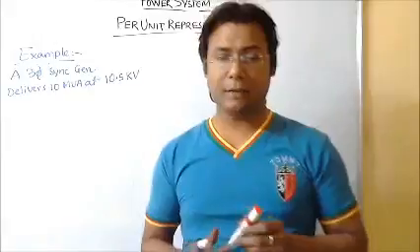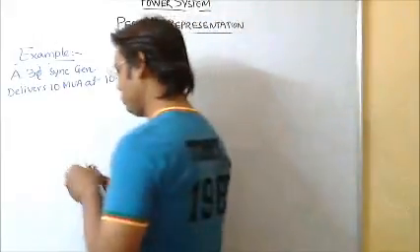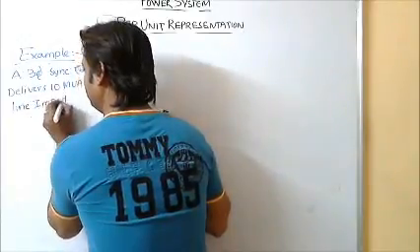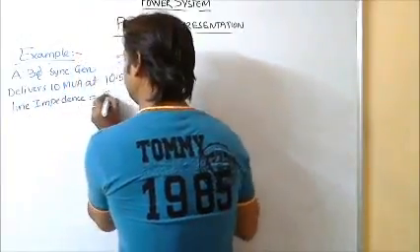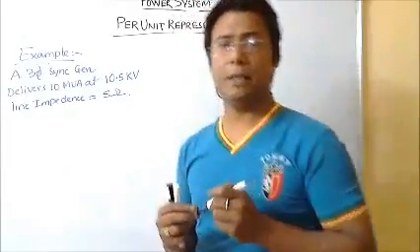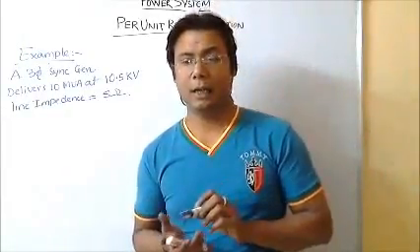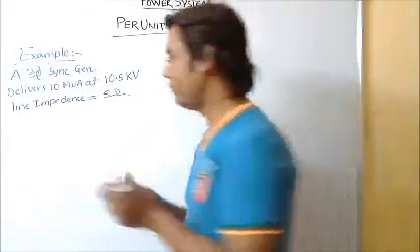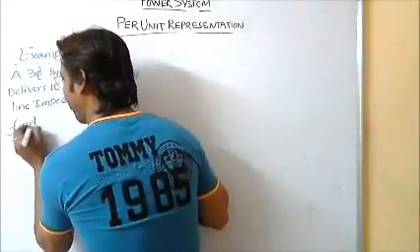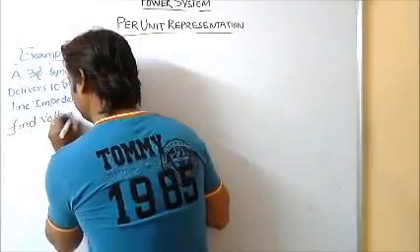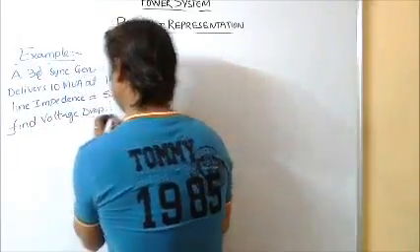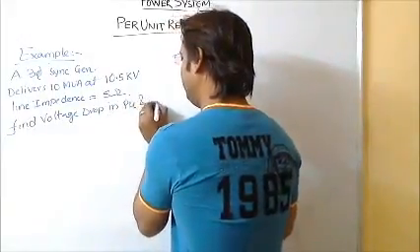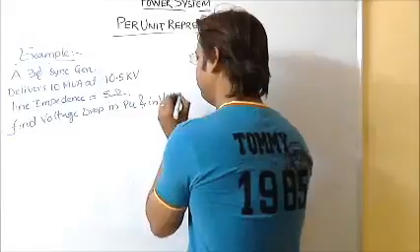The line impedance is given as 5 ohm. So we have to find the voltage drop in per unit and in volts.